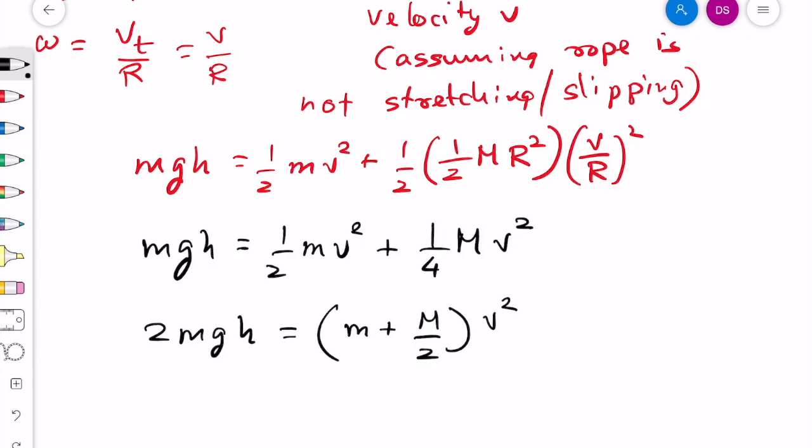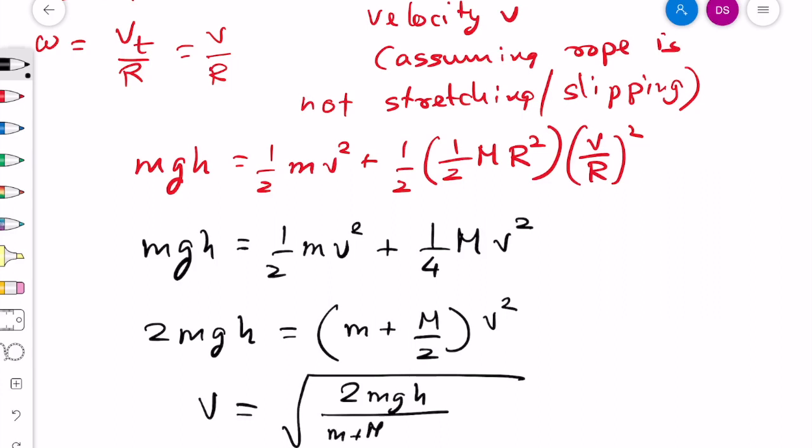And so from there you get v is equal to the square root of 2 mgh divided by m plus capital M divided by 2. And that is the answer.